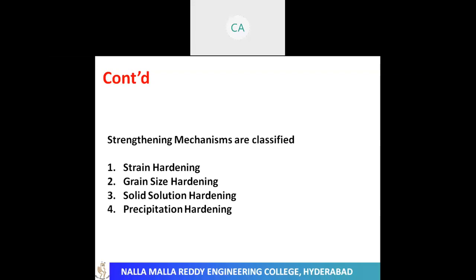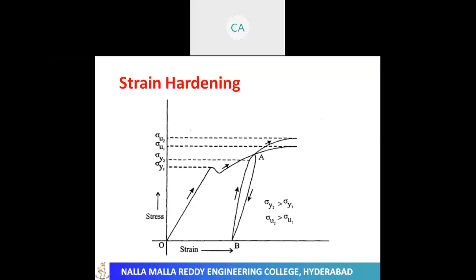Here you can see four types of strengthening mechanisms. First one is strain hardening, second one is grain size hardening, third one is solid solution hardening, and fourth one is precipitation hardening. Let's look at strain hardening.